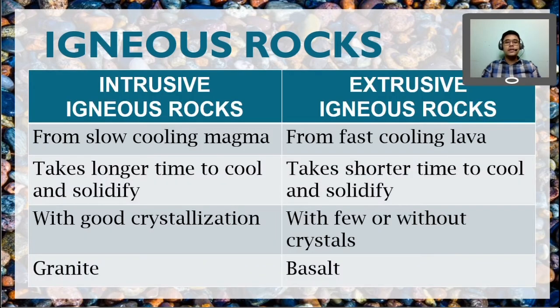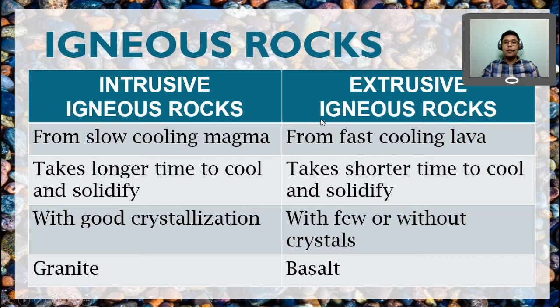The table shows the differences between intrusive and extrusive igneous rocks. The first difference: the intrusive igneous rock is said to be from slow cooling magma. Take note, it comes from magma. Why? Because it is inside or beneath the Earth's surface.